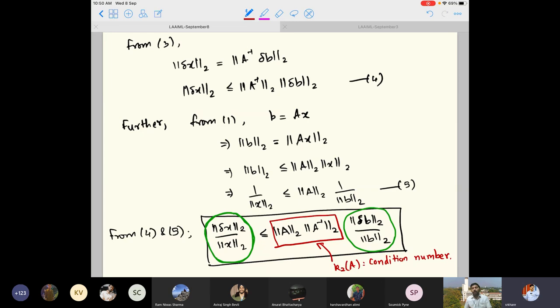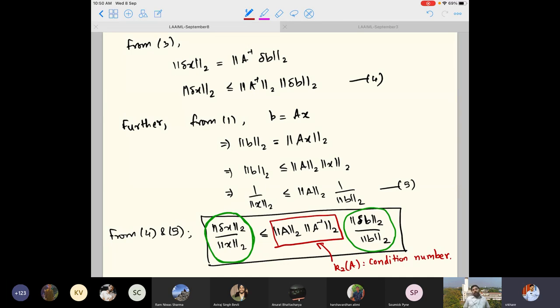This condition number scales the relative error in B. Once the relative error in B is scaled by the condition number, that works as an upper bound for the relative error delta x by x. The condition number is the product of the 2 norm of A and the 2 norm of A inverse.